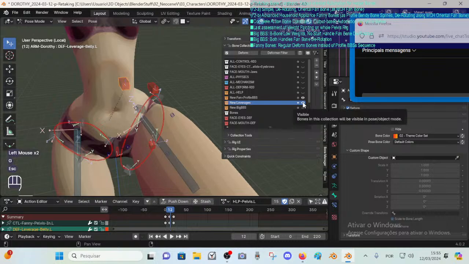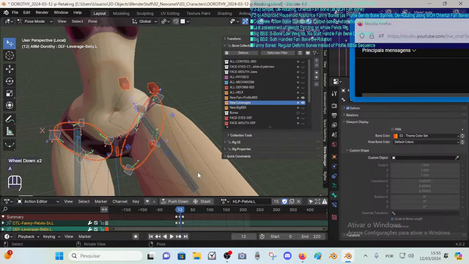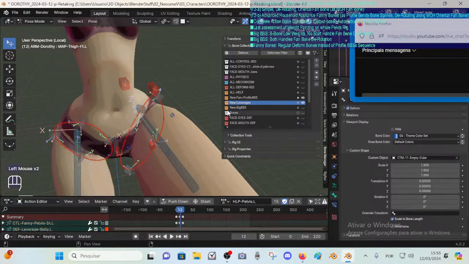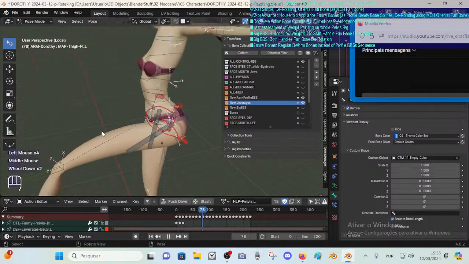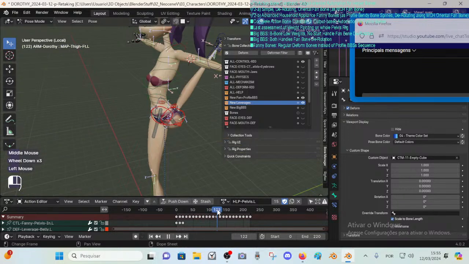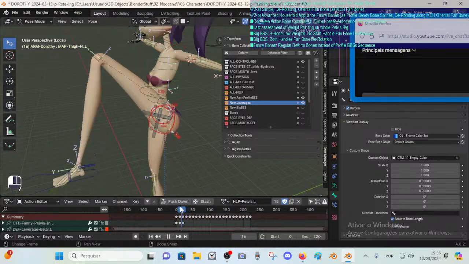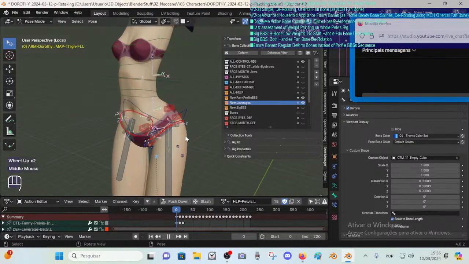I'm using action bone constraints, and I'm using the same action for the control rig here. So I'm using this one action for all the movements that I want. I hope that it will work.